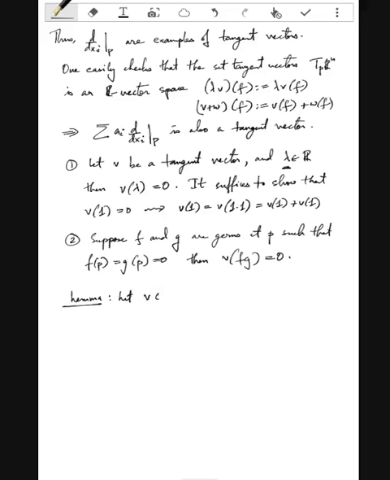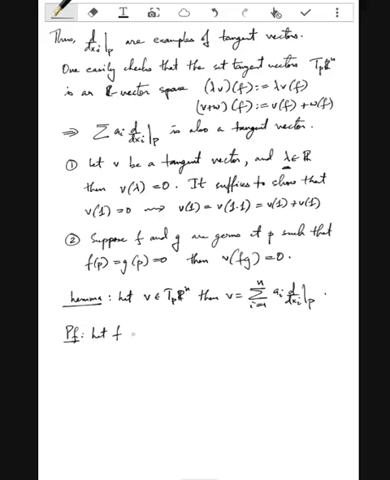Let V be in TpRn, the tangent space at p in Rn, a tangent vector, then V is equal to summation i equal to 1 to n ai d by dxi at p. So the proof is an application of Taylor's theorem.